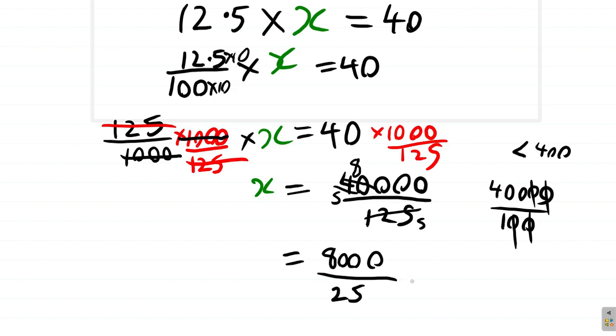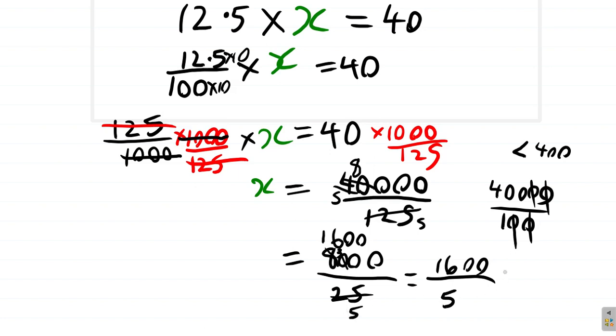You see? Here, if we divide by 5 again, 5 into 8 goes 1 time, leaving 3, and 5 into 30, 6. So we have 1600 divided by 5 into 25 goes 5 times.